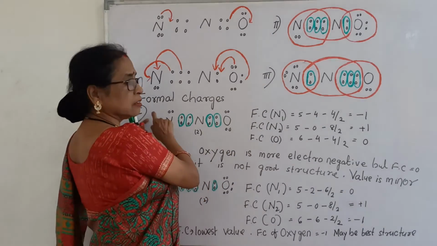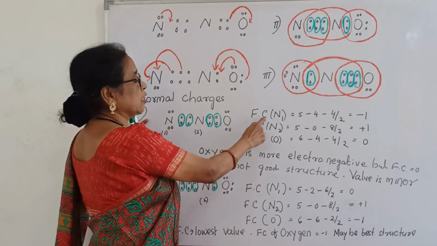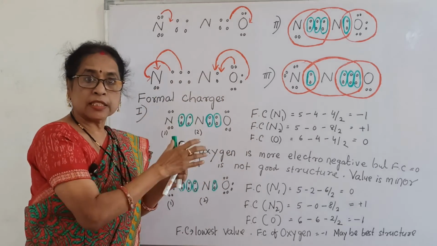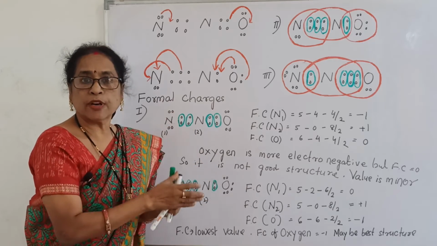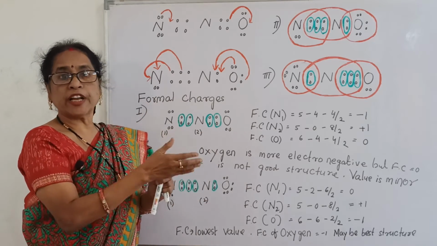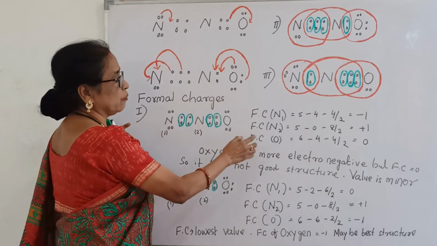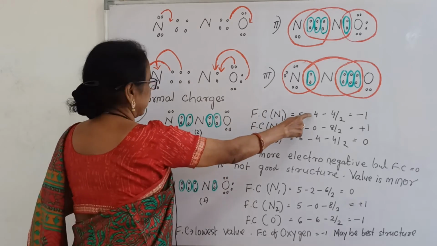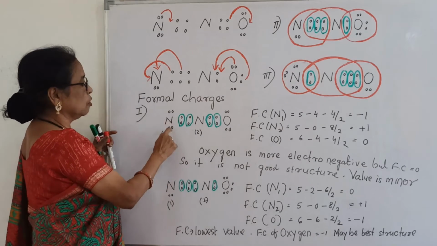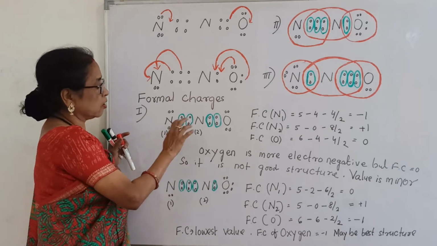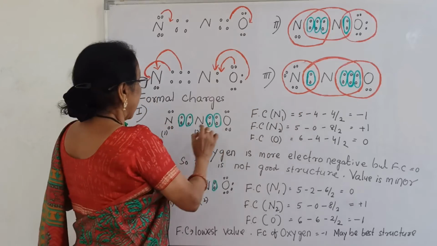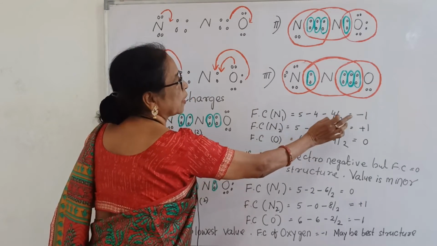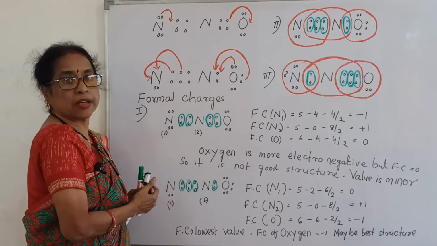For structure 1, formal charge of nitrogen, you know the formula: valence electron minus non-bonding electron minus bonding electrons divided by 2. Nitrogen valence electron is 5. The non-bonding electrons, these two pairs, that means 4. And these two pairs are bonding electrons, that is why 4 by 2, and the result is -1.